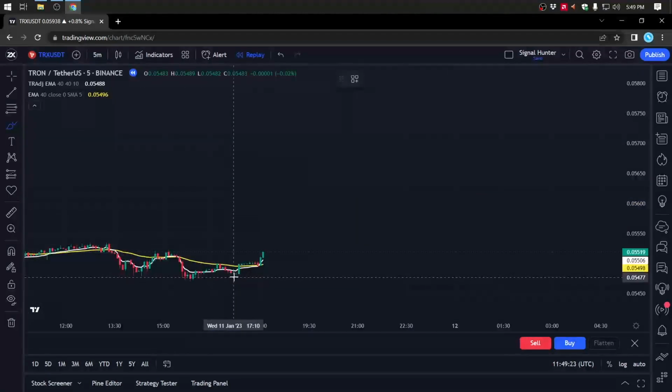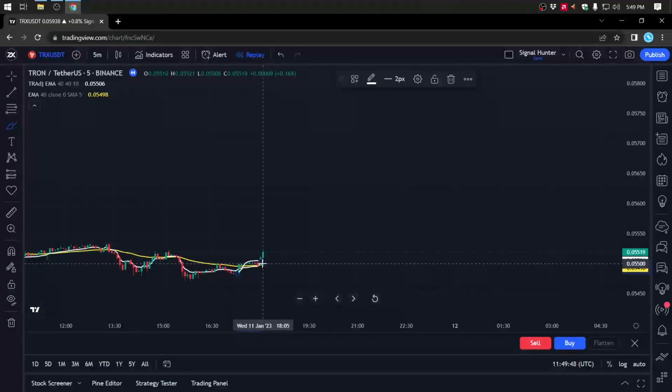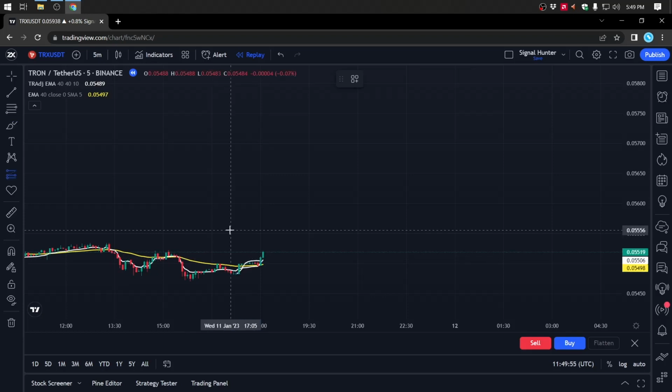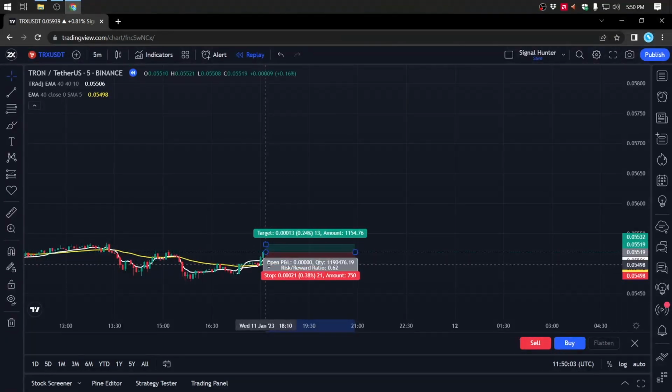In this chart you can see the price is successfully crossing up the TASC and EMA indicator, and now the price stays above the TASC and EMA line, so it's our buy signal. We take a long position here, and our stop loss will be below the recent swing low.